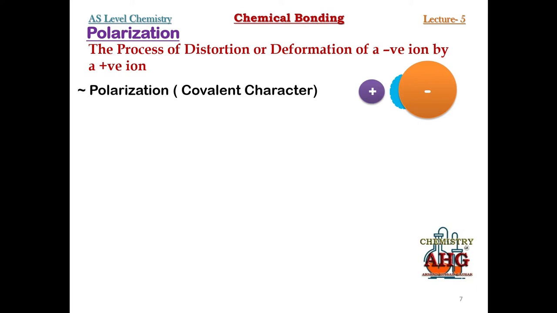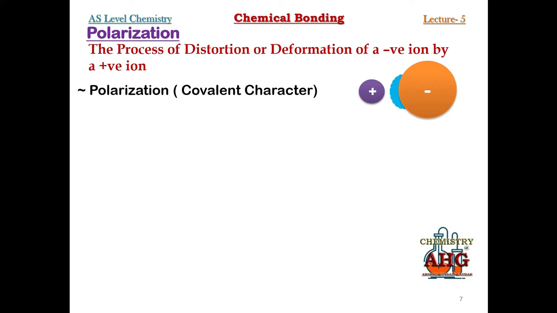In this case, you can see when distortion of negative ion has taken place, right now, no doubt, the two shells of negative and positive ion are not overlapping, but at least the shell of negative ion has come slightly closer to the positive ion. So it means some percentage of covalent character has been induced into this ionic compound, and that covalent character is always induced due to the process of polarization.